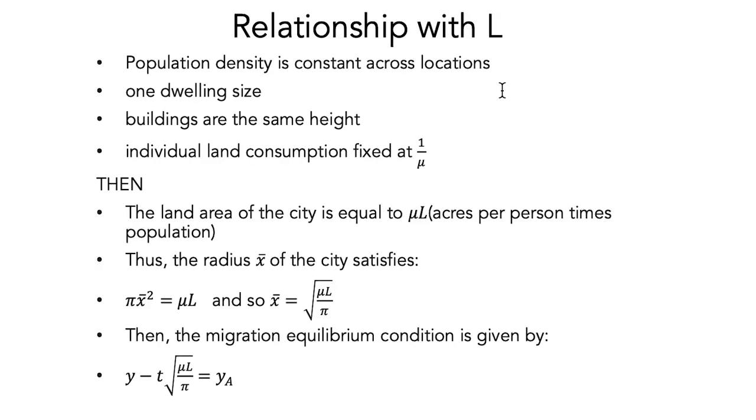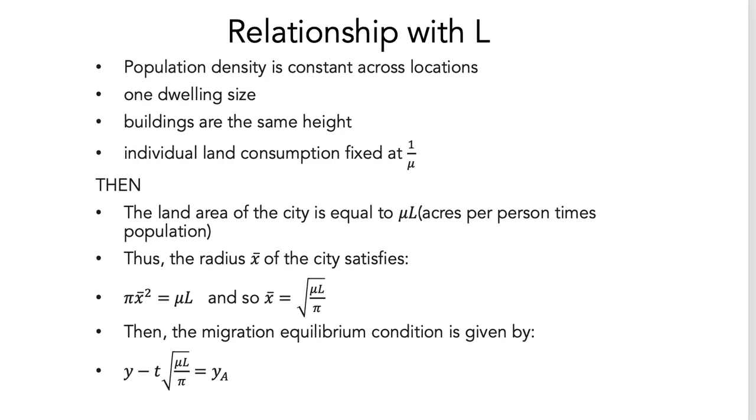Let's explore a little bit more the relationship with population. With this model, we can also analyze the effect of the city's income and the cost per mile on the equilibrium population. What we're going to find is that cities with higher income or with low commuting costs will attract a large number of migrants, therefore making the population large. To prove this, let's simplify our lives.